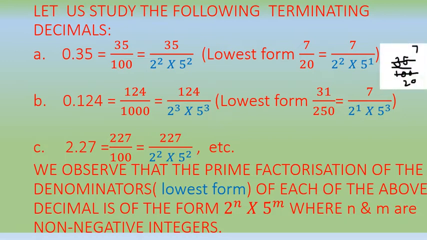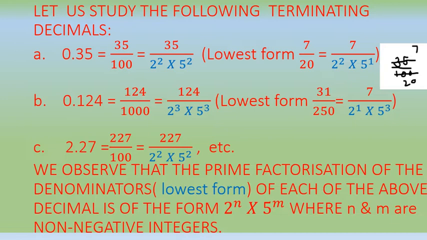If we divide 35 by 5, we get 7, and 100 by 5, we get 20. Now the prime factorization of 20 is 2 square multiplied by 5.